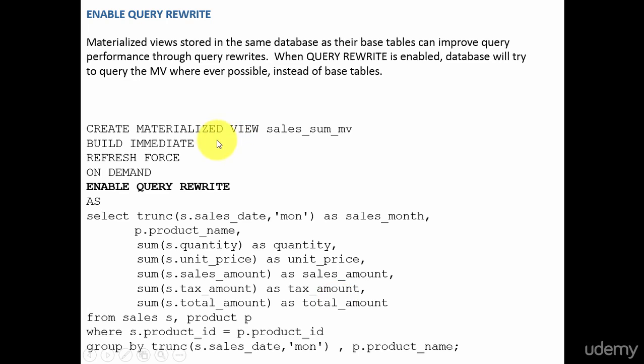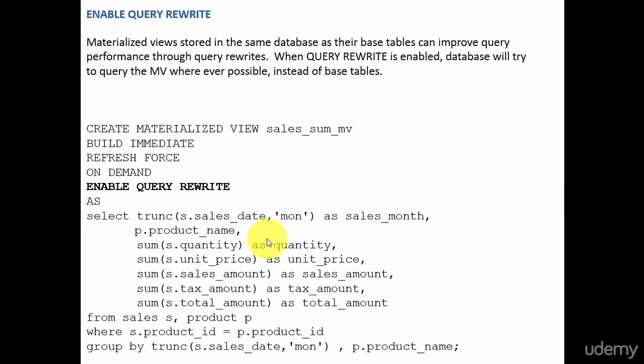Another important clause to remember is enable query rewrite. What this means is that whenever you query the sales table and product table at the grain of sales month or product name, instead of going to the sales table and getting the data, it will go to the materialized view and fetch the data.